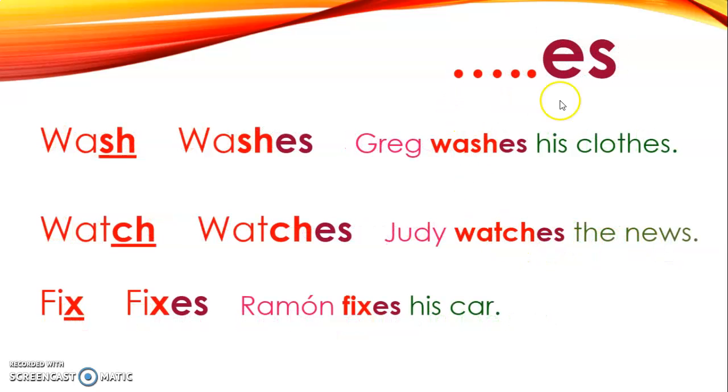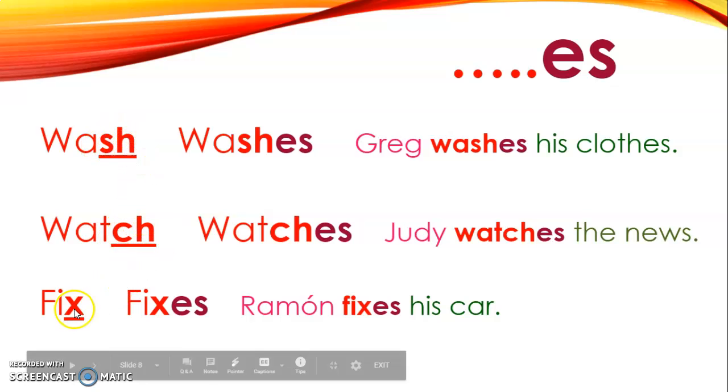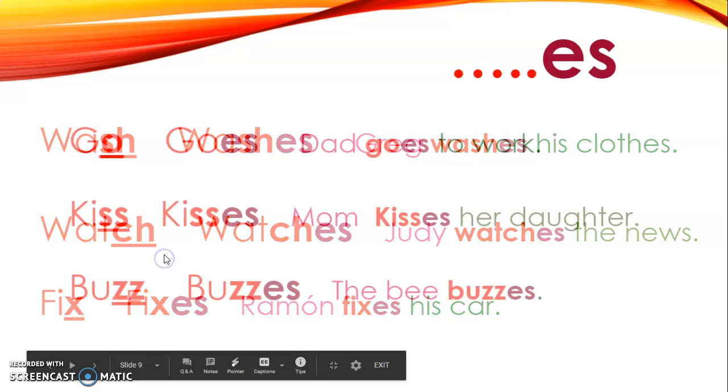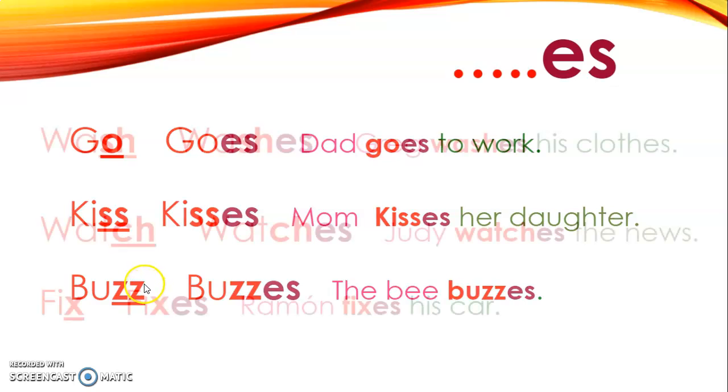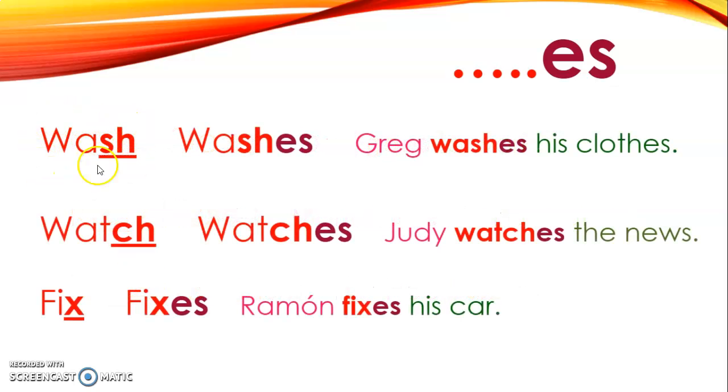When do we use ES? ¿Cuándo utilizamos ES? When the verb finishes with SH, CH, X, O, double S or double Z. Cuando el verbo termina en SH.